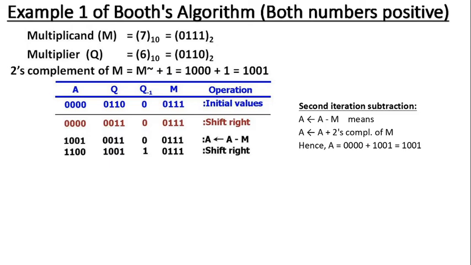Once again, from the bottom, count has not reached 0. It will go back to carry out the subsequent iteration, and at the beginning itself it will check Q0, Q minus 1 bits of that second iteration. In the second iteration's latest action, the shift right action, I am getting Q0 bit equal to 1 and Q minus 1 bit also 1.